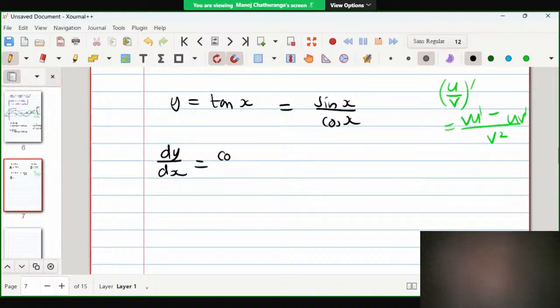So cosine, the derivative of sine is again cosine, minus sine x, the derivative of cosine is minus sine x, divided by cosine square.